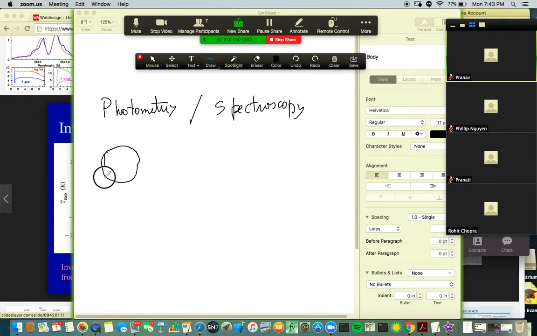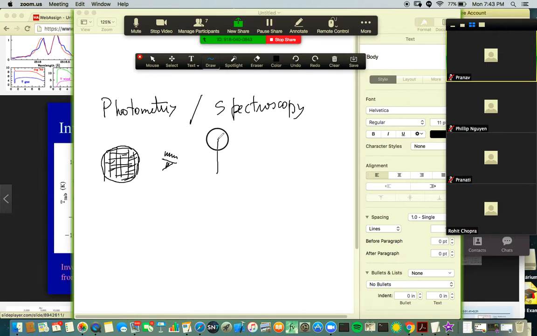that has a very nice and uniform atmosphere. This atmosphere emits radiation, and then you have your telescope and you detect this radiation.